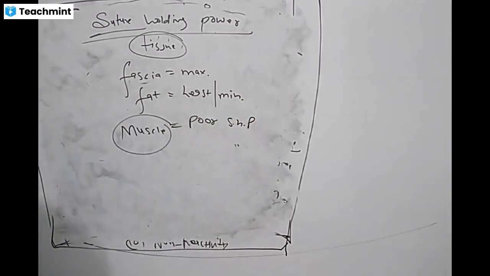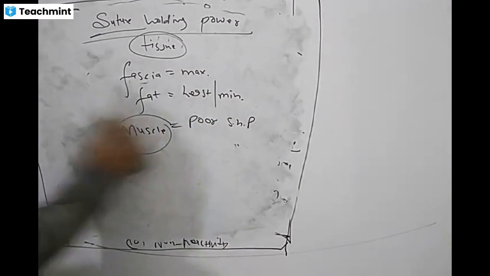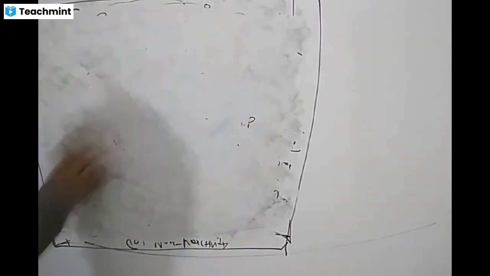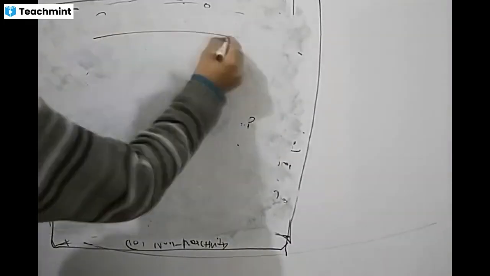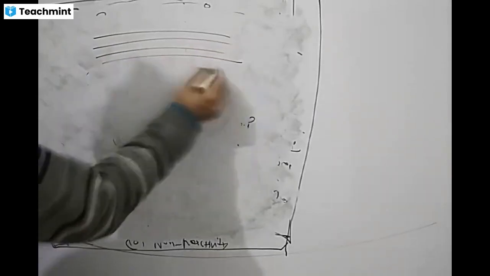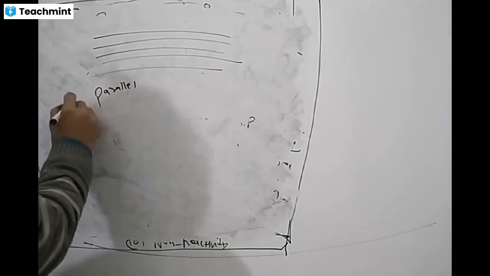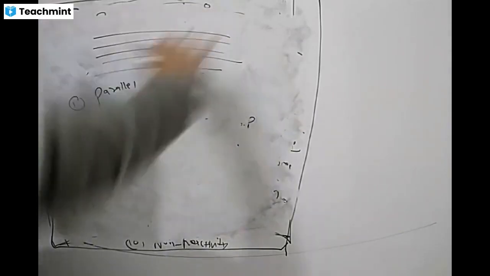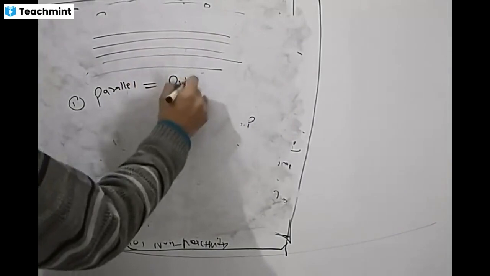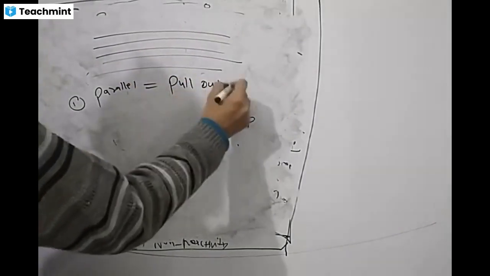But in case of muscles, there is one important concept. These are the muscle fibers. If you apply your suture material parallel to the fiber, it may pull out easily.